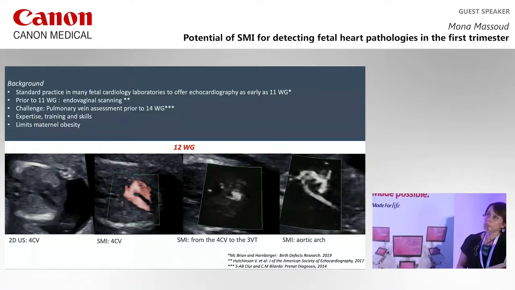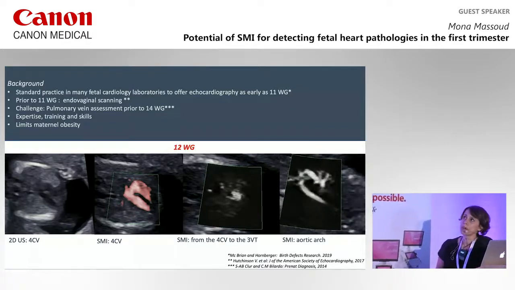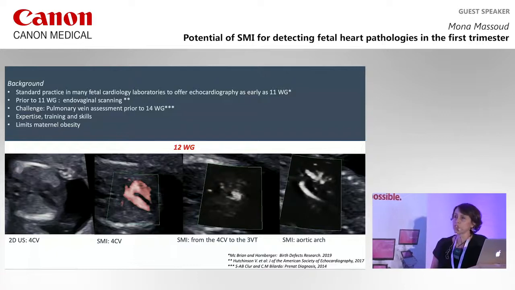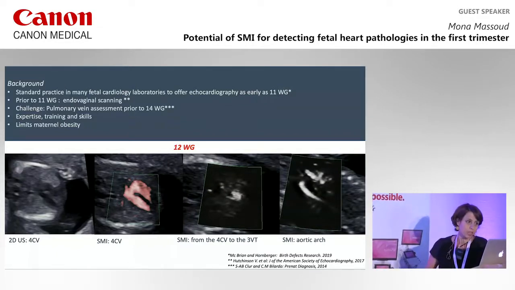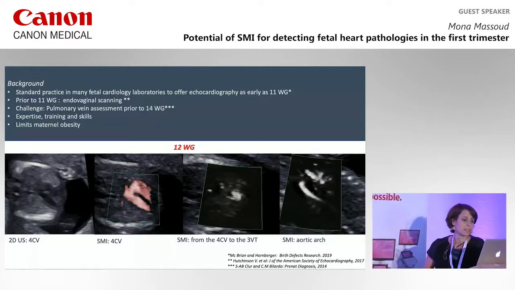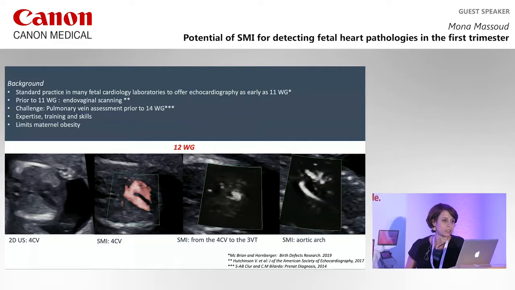So usually we use the endovaginal scanning with the abdominal scanning, especially in the earliest weeks of gestation. The challenge is the assessment of the pulmonary veins prior to 14 weeks of gestation.